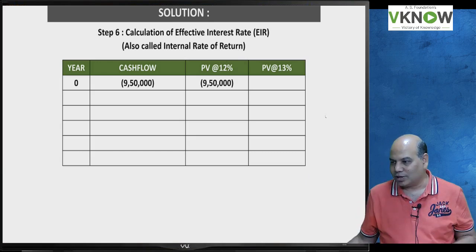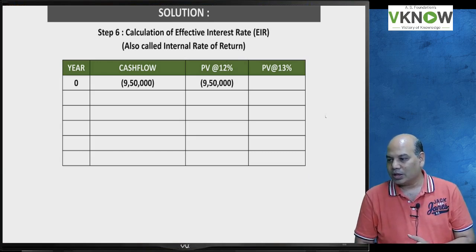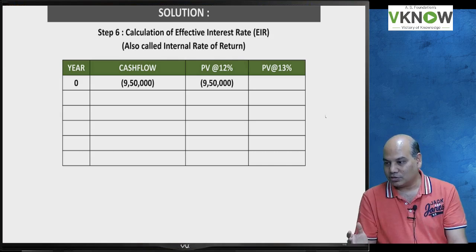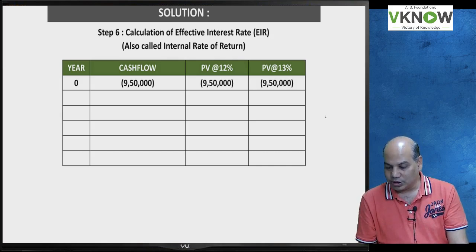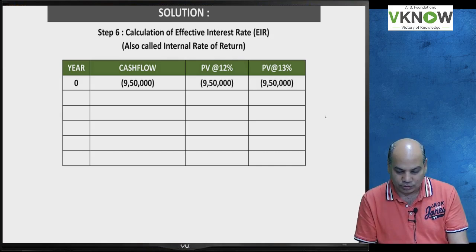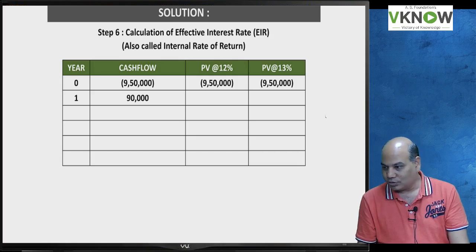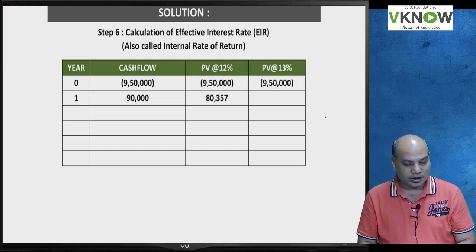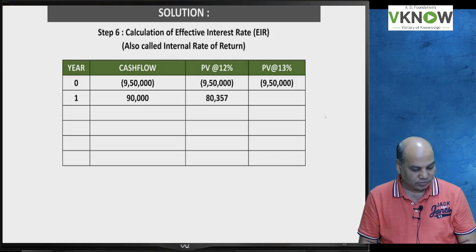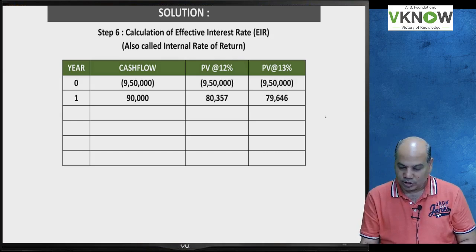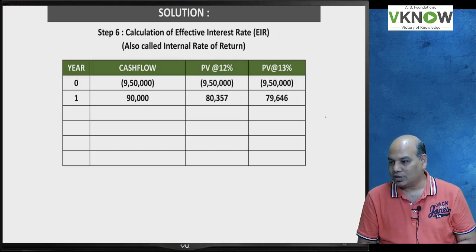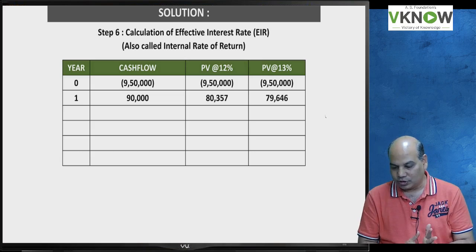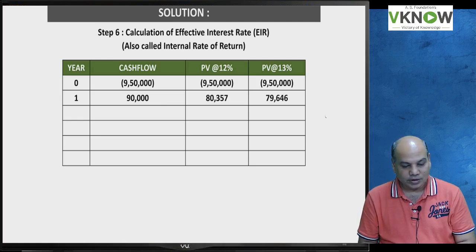That is how I mentally do this exercise. But there is no harm, you can take 10% also. Okay, you can take 10% also. Start year 0. Year 0, I don't teach that, unnecessary student get confused. Take year 1, 90,000. 190,000, take 12% factor and multiply by 90,000 for year 1, 80,357. Take 13% and try.